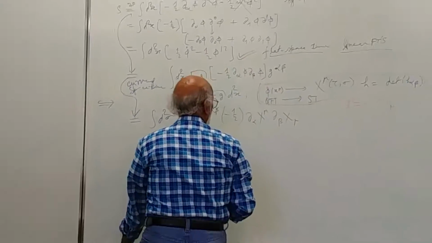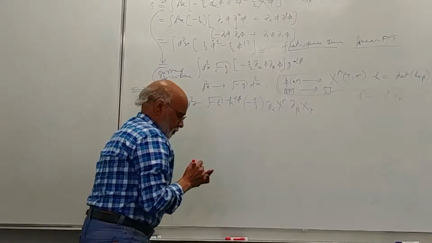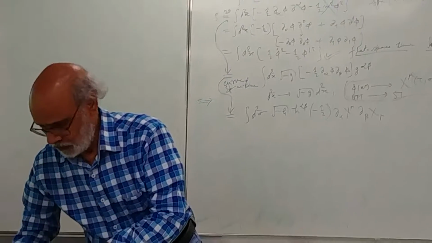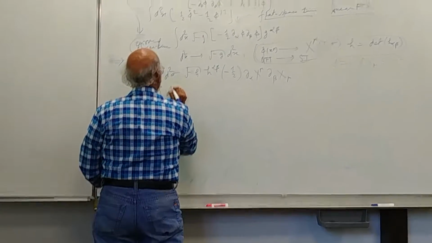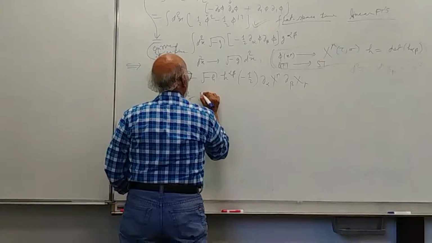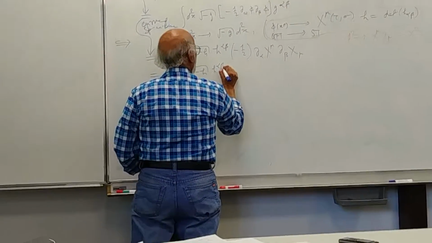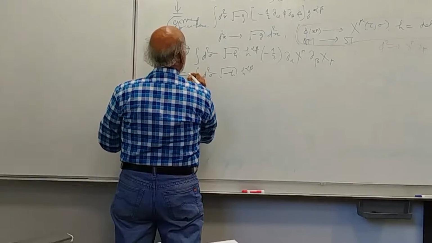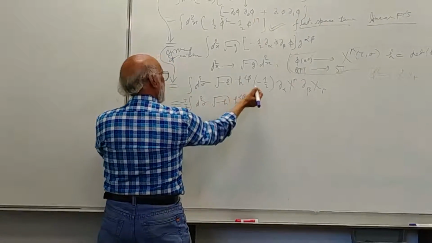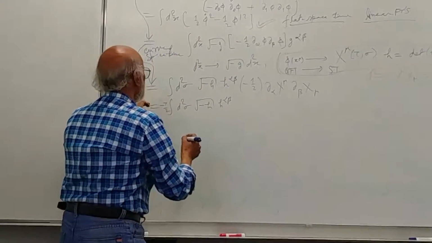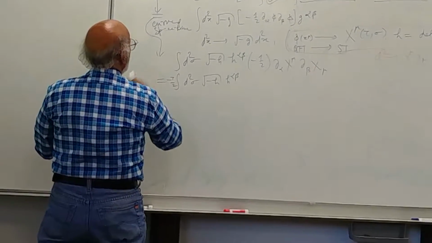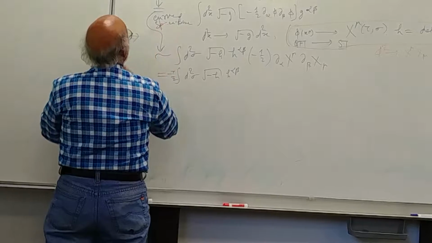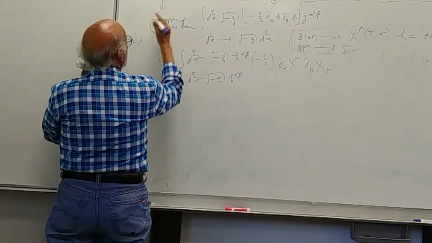And this I could then write as, let me take this minus 1/2 here, and one could say that it goes like this, okay? Or here also one could say that it goes like this, okay?